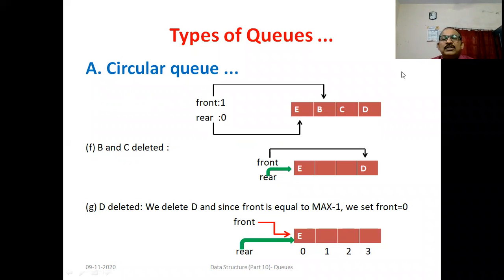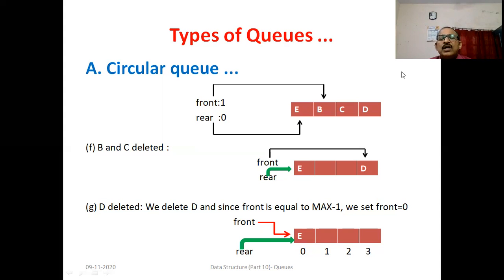D will be deleted from the queue, and this is the scenario. In that case, we delete D, and when the front is equal to max minus 1, we simply set front equal to 0. As we know, after the deletion operation, we increment the front pointer. But when front is equal to max minus 1, we simply set front equal to 0.